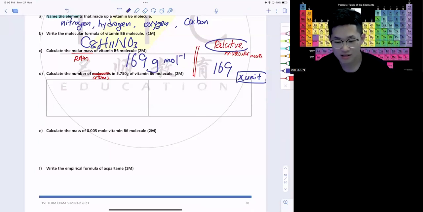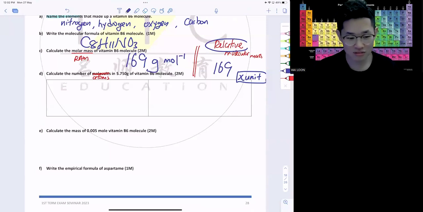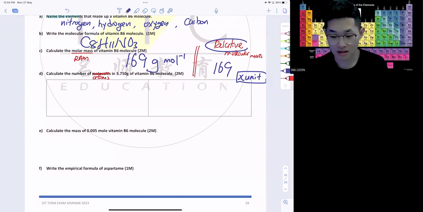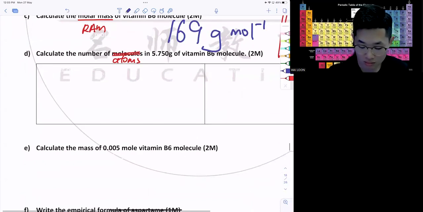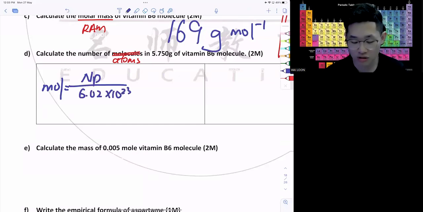Okay, the rest of you? Okay, good. So mole, they want me to find atoms, so I'll be using mole equals to NP over 6.02 times 10 to the power of 23.